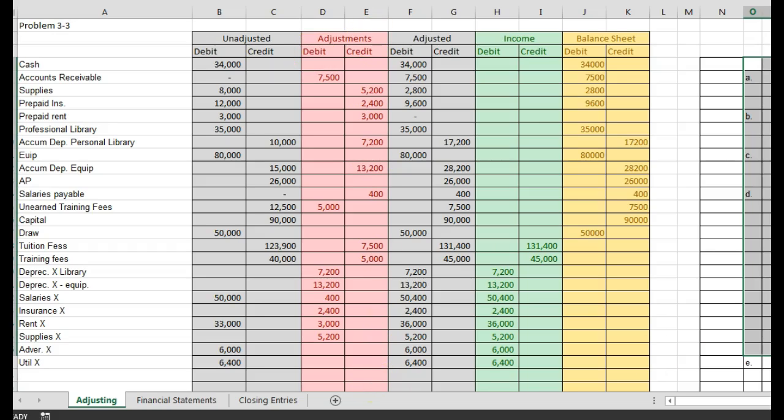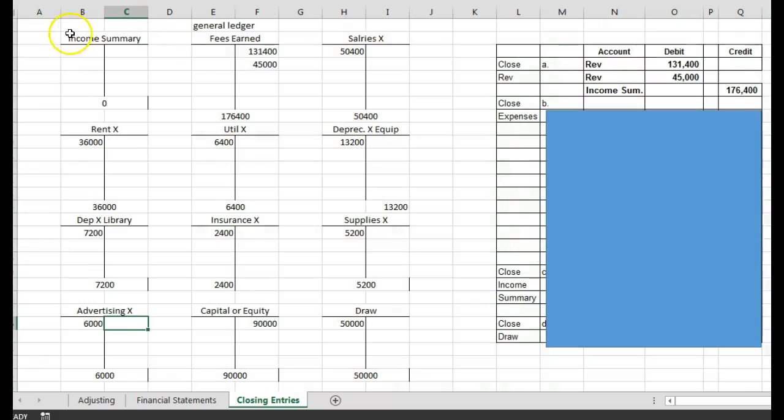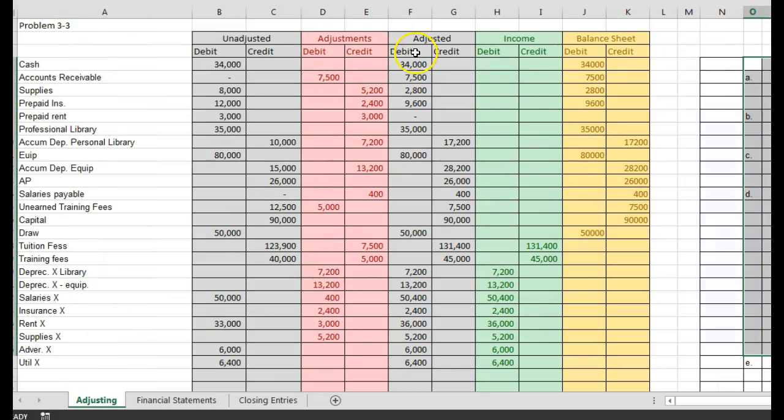You've made general journal entries. You've made journal entries over here that reflect this. In theory, once these entries are made, they show up in the general ledger, which is this right here. So you've adjusted to the adjusted trial balance.